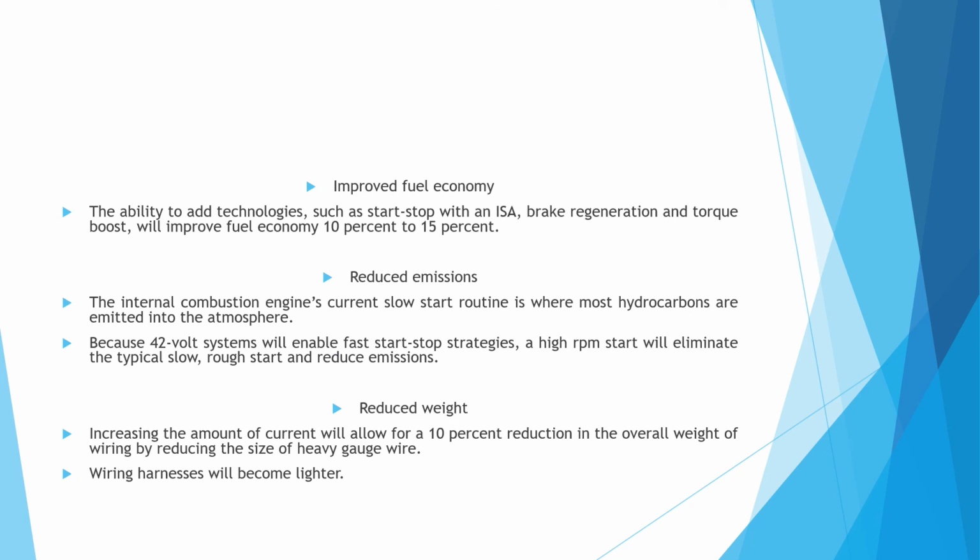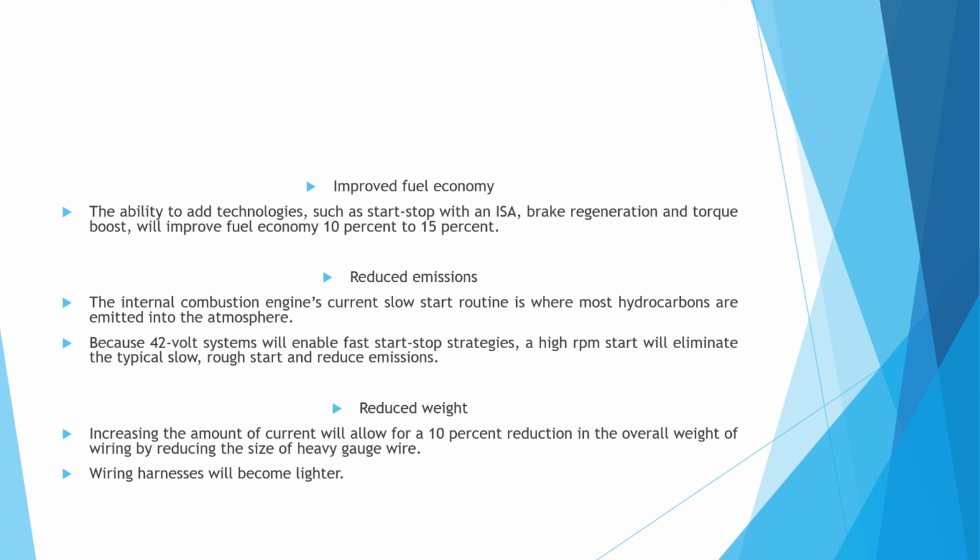Next is improved fuel economy. The ability to add technology such as start-stop with an ISA, brake regeneration and the torque boost will improve the fuel economy 10% to 15%. Next is reduced emission.